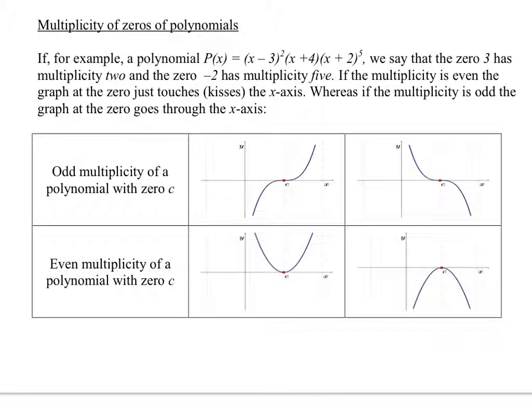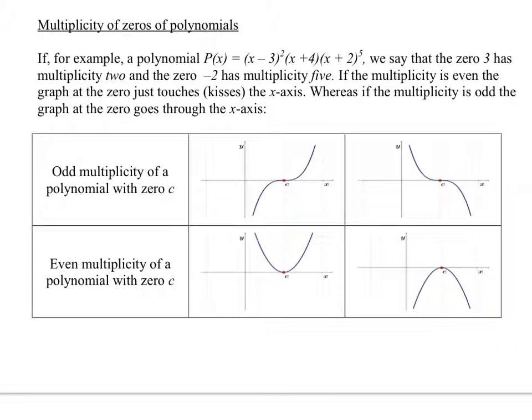Now, why is that important? Because if this number up here is an odd number, that tells us that we go through the x-axis, right? We go through the x-axis at negative 2, because this 5 here is an odd number. However, if it's an even number, like this one here, that would tell us that we don't go through the x-axis at x equals 3.